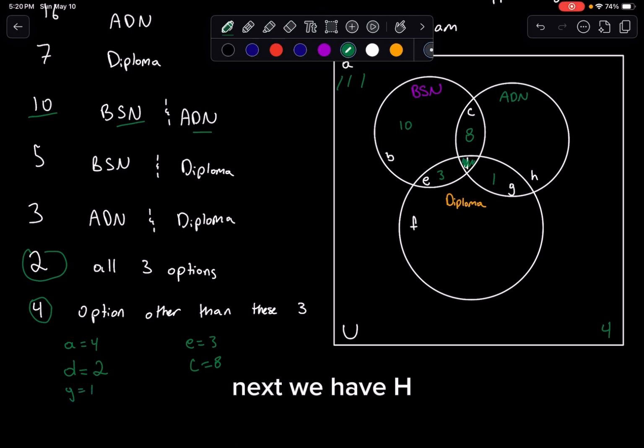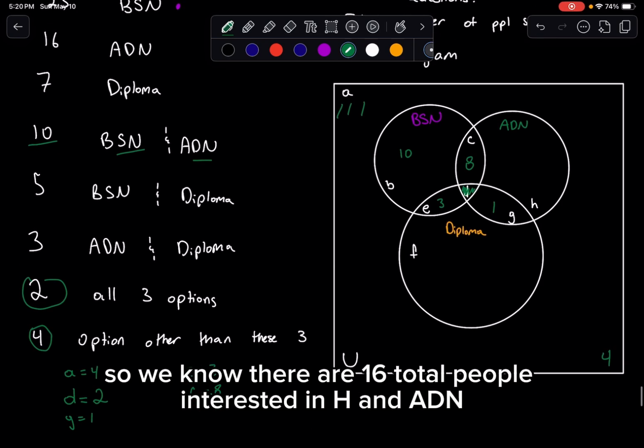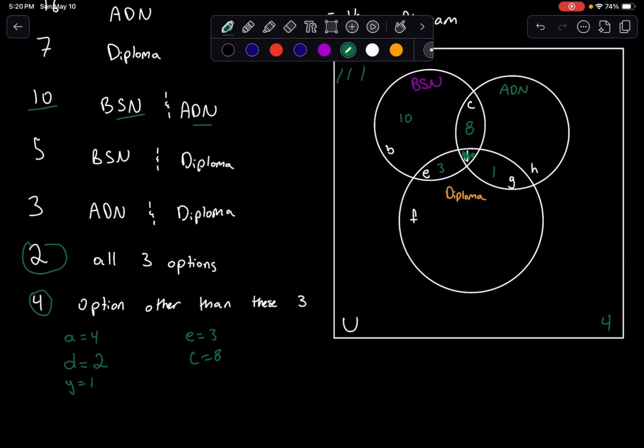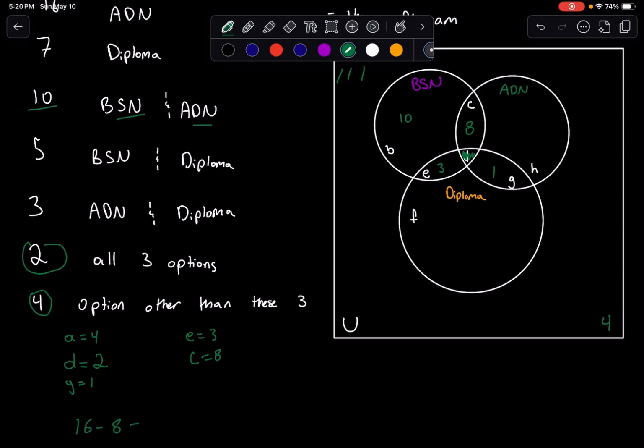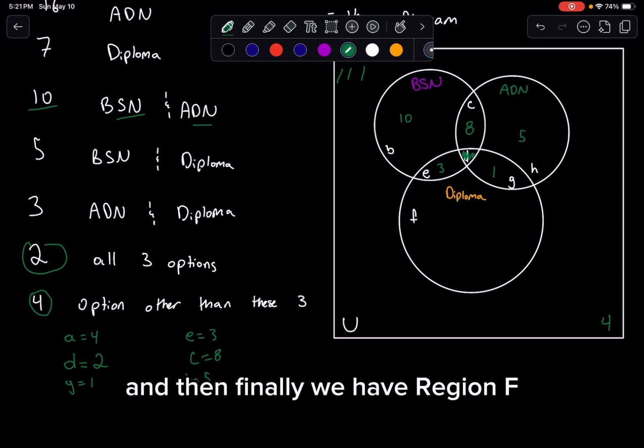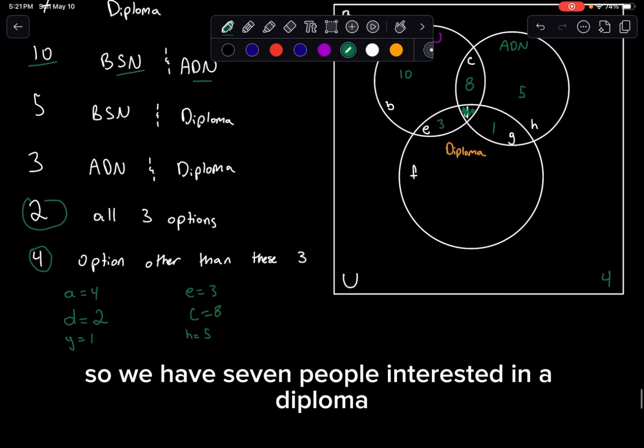Next, we have H. So we know there are 16 total people interested in ADN. So it'd be 16 minus region C, which is 8, minus region D, which is 2, minus region G, which is 1. And so we are left with 5 for region H. And then finally, we have region F. So we have 7 people interested in a diploma.